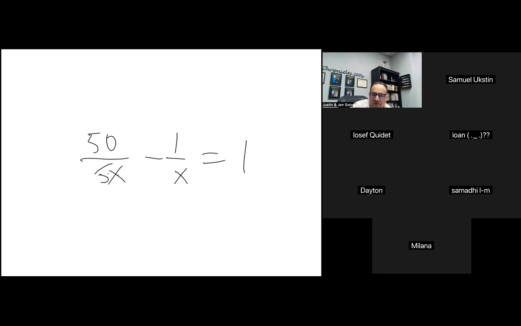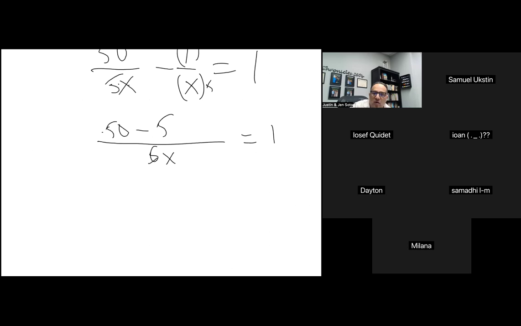So I'm going to rewrite this as 5x for both spots. 50 minus, well, I multiply this by 5, I multiply this by 5, equals 1. So 50 minus 5 is 45 over 5x is equal to 1 over 1.